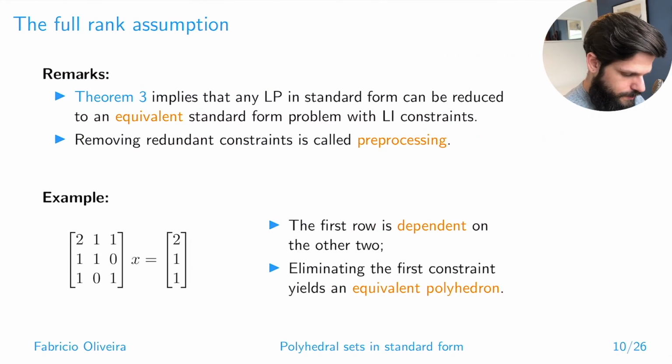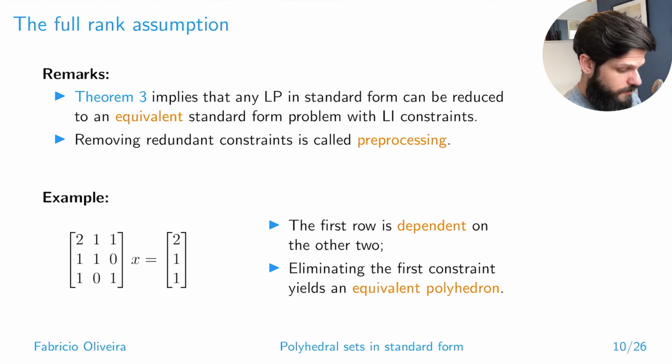So here is a small example that you can try out to see the consequences of having redundant constraints. If you try to solve this system, you see that it has three variables and three constraints, so there's no basic variable to set to 0, right? You can make all the variables basic. But if you try to solve this with the backslash operator, you're going to get an error.